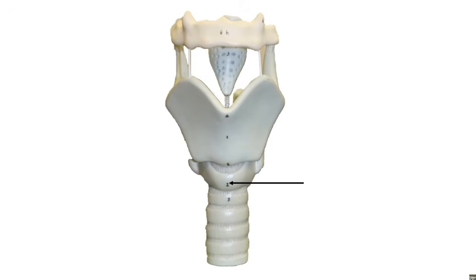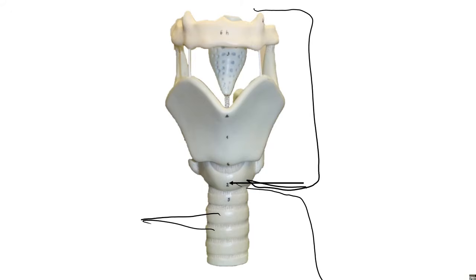This, again, we've kind of talked about these structures already, but what this is showing us is up here is the larynx, and then from here down is the trachea. So we mentioned that the cartilages of the trachea are the tracheal cartilages. And then in between them, we have these little like repeating ligaments that are called annular ligaments.